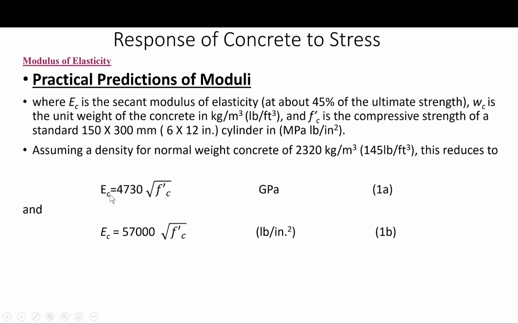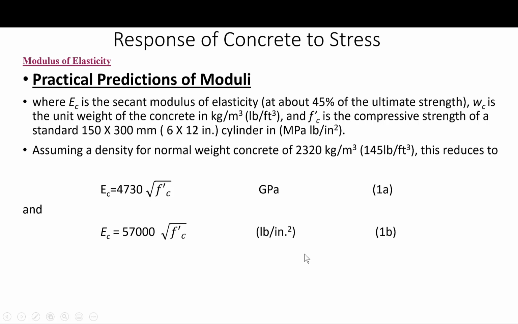The modulus of elasticity of concrete in SI units equals 4,030 multiplied by the square root of f prime c, this is in GPa, or 57,000 multiplied by the square root of f prime c, this is in psi units.